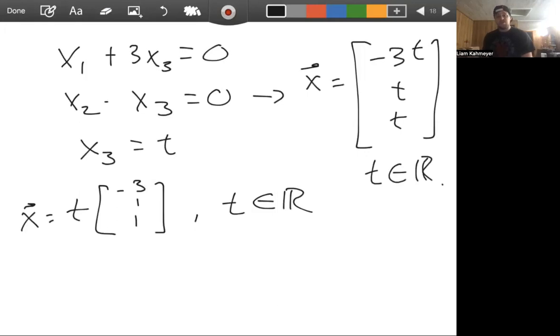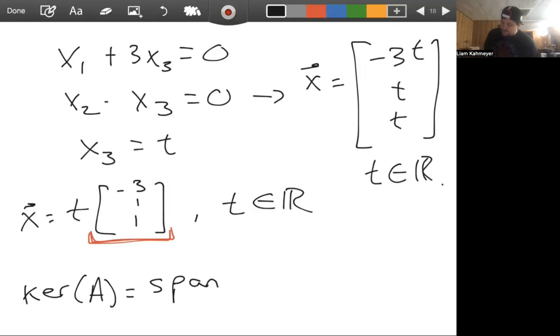But what this means is the solutions are spanned, right? It's just scalar multiples of this vector negative 3, 1, 1. So for that reason, the kernel here is going to be the span of the vector negative 3, 1, 1. Like this, right?